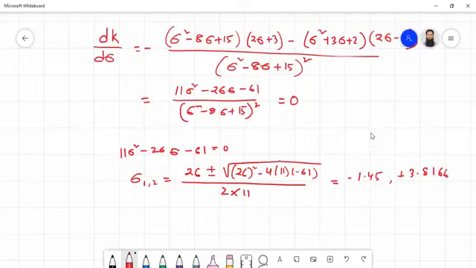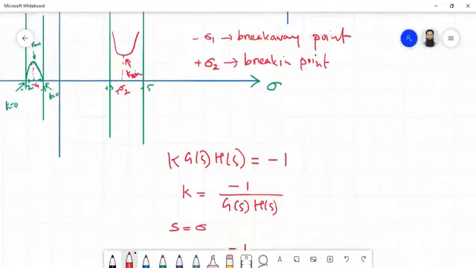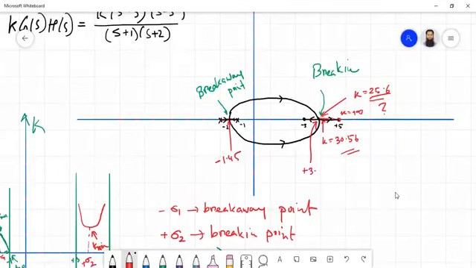Okay, so now if we look at our original curve here, if we try to plot, we can figure out this will be actually minus 1.45, and this point here will eventually be plus 3.8166.